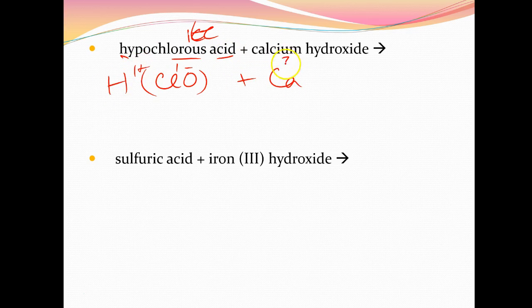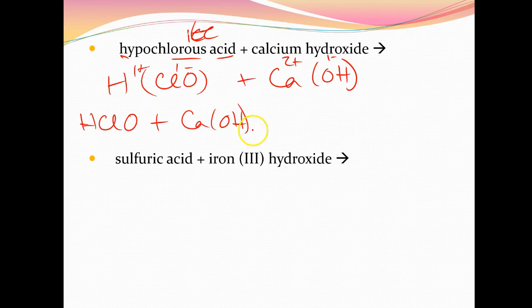Calcium hydroxide, Ca 2 plus, OH in parentheses 1 minus. So I'm going to get HClO plus Ca(OH)2. And I want to point out something. If you don't have those parentheses around that OH, you will never be able to balance this.